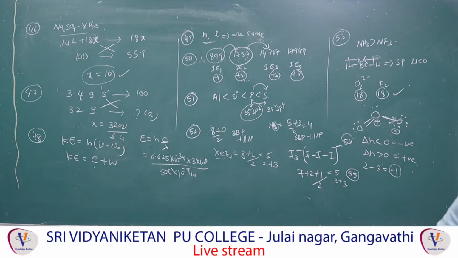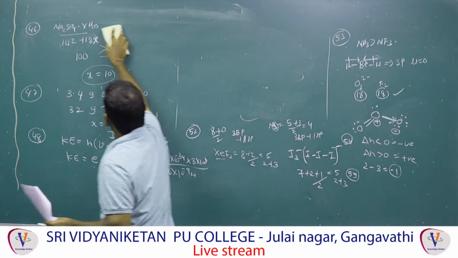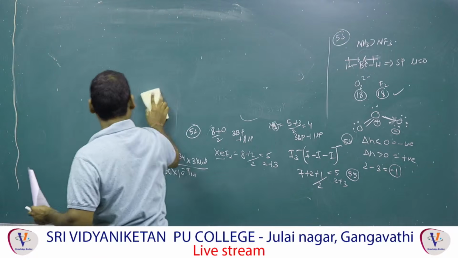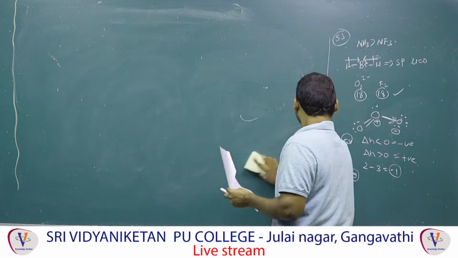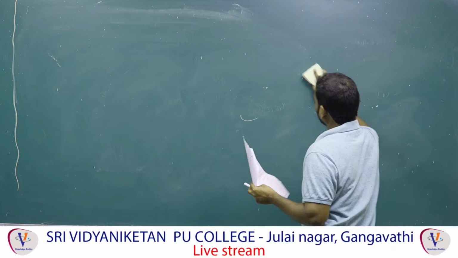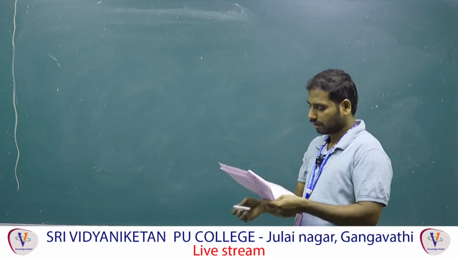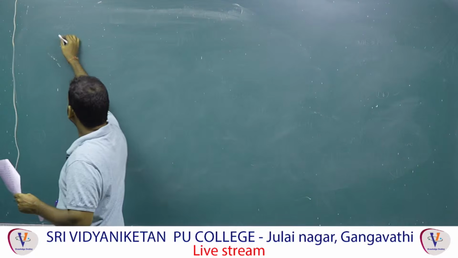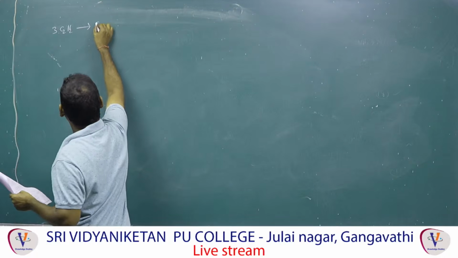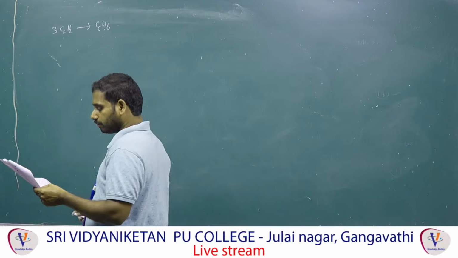Observe here. They are given 3C2H2 gives C6H6. That means 3 moles of acetylene converted to benzene.